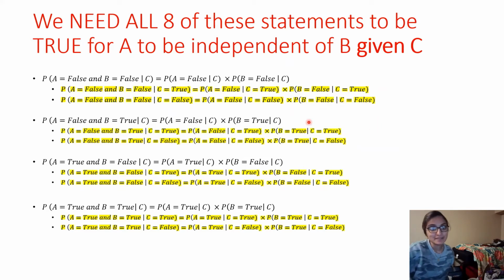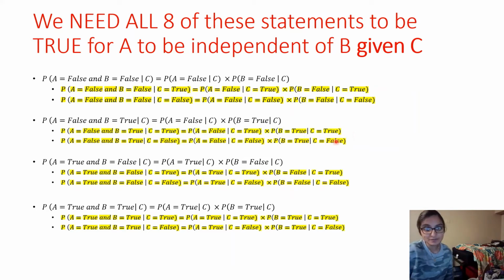But in this next example, probability A is false and B is true, given C, is equal to the probability A is false, given C, multiplied by the probability B is true, given C. And we need to then consider those outcomes of C. So, what if C is true? Then we need to see if the probability A is false and B is true, given that C is true, equals the probability that A is false, given C is true, multiplied by the probability B is true, given C is true.